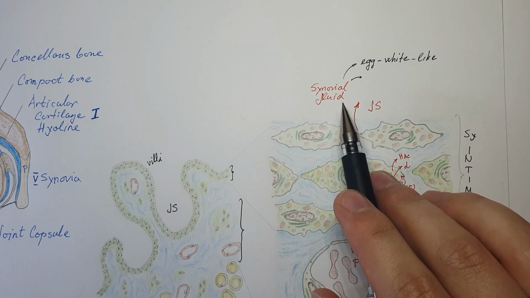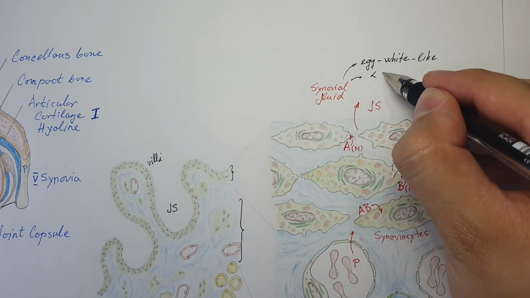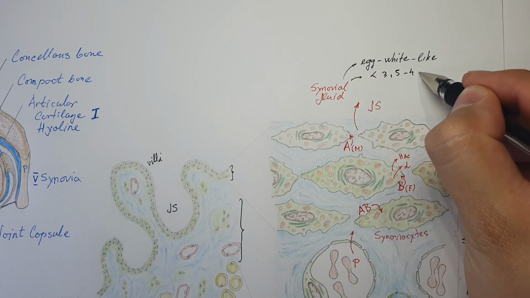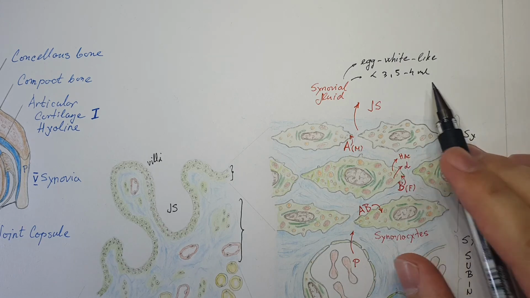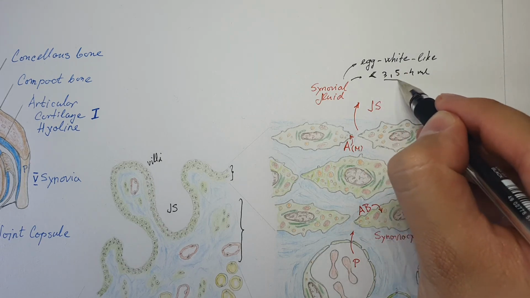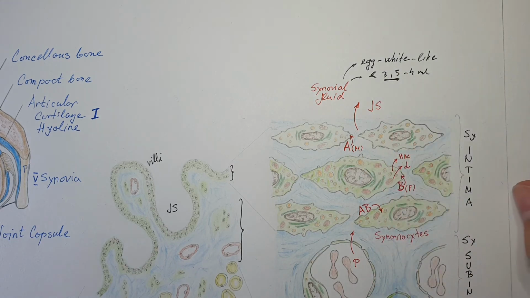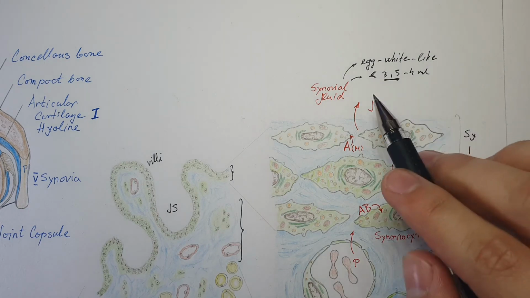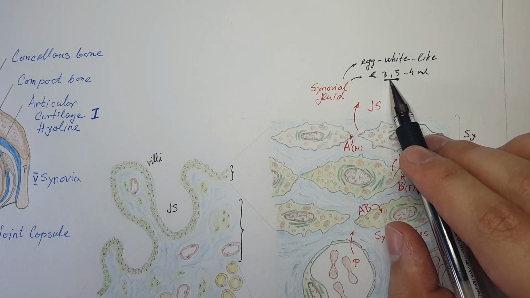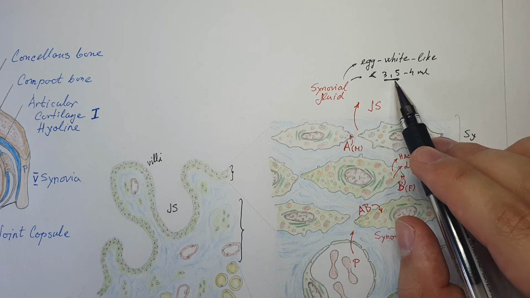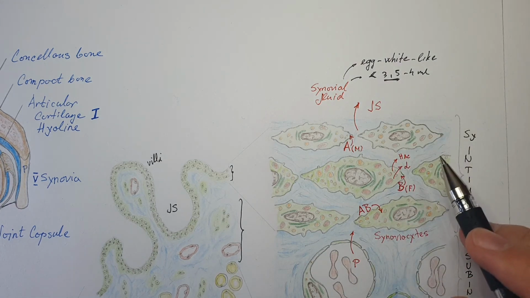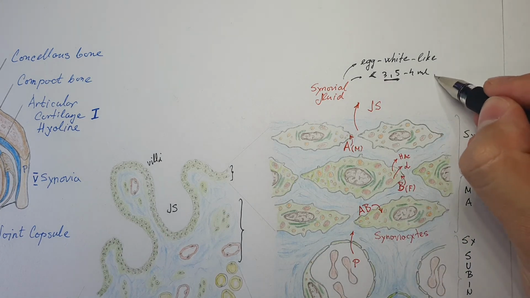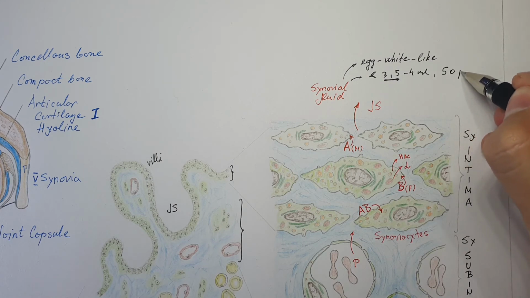Normally, in a joint space, there is less than 3.5 to 4 milliliters of fluid. So it is only a small amount that covers the whole cartilage and the whole joint, with a layer that is only 50 micrometers thick.